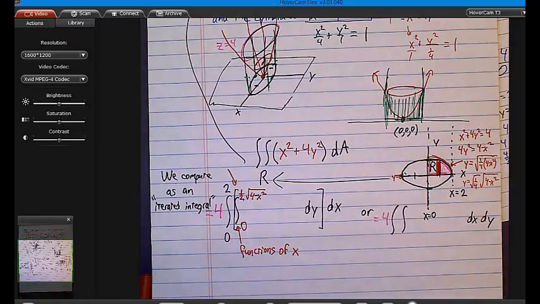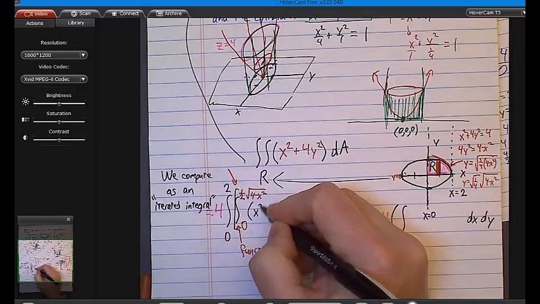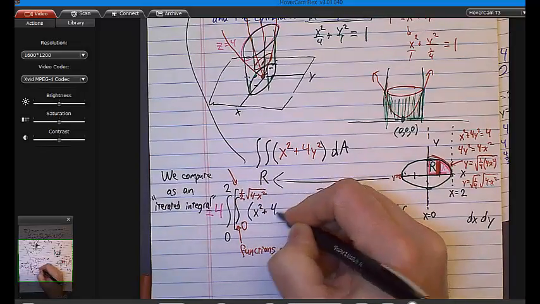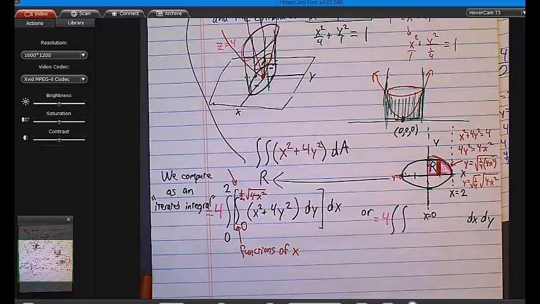And then I guess what we have to do now is we just have to integrate x squared plus 4y squared, first with respect to y and then with respect to x. Okay? You can also do this one dx dy. And it is probably worth our time to think about what that would be.